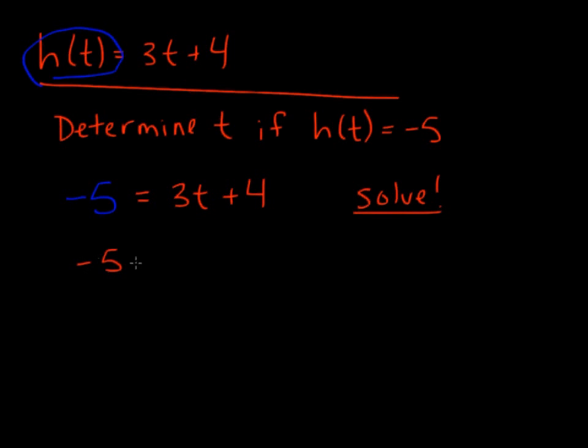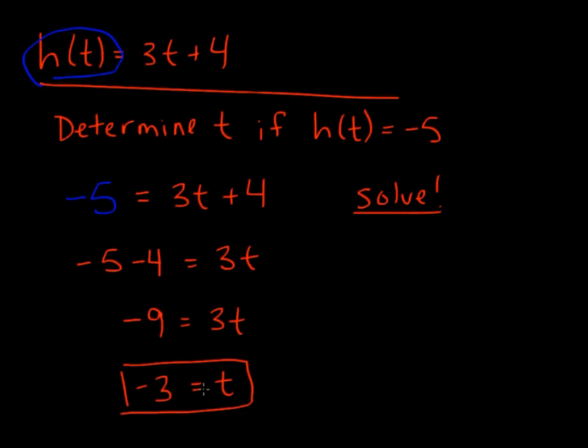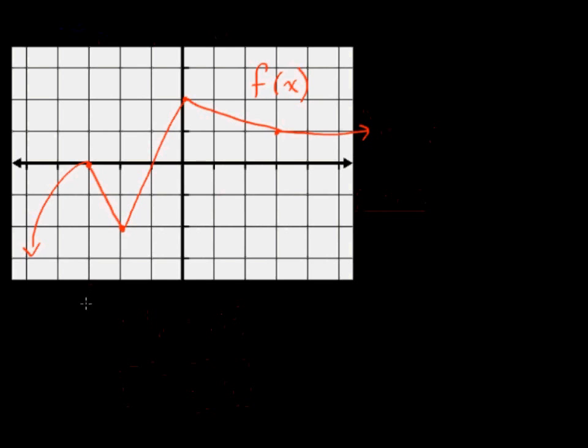So rearranging, we end up with -9 is equal to 3t. And then divide both sides by 3 to get -3. So that tells us that when the function value is equal to -5, the t value would have to be equal to -3.